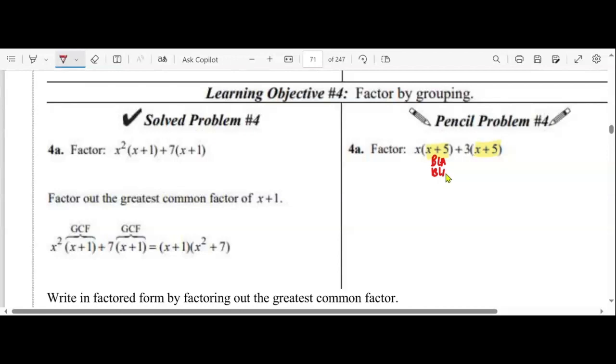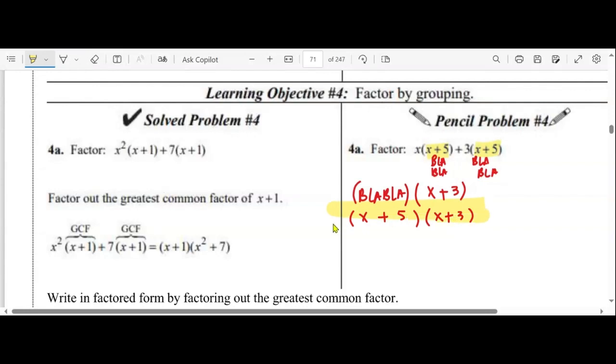The same blah blah blah here, same blah blah blah here. We take the blah blah blah outside. What's left? X plus 3. What is the blah blah blah? X plus 5. And we have x plus 3. Is this clear? So that's your final answer.